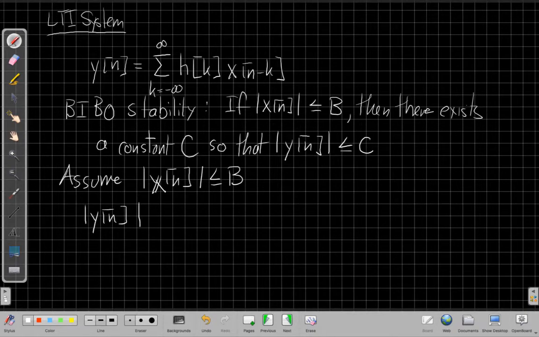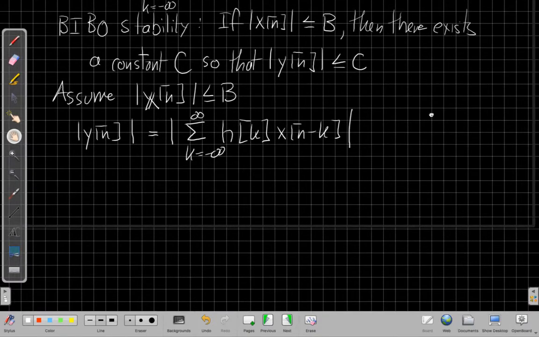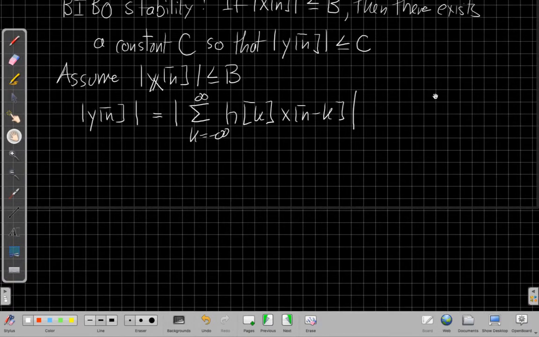Now let's say the magnitude of y of n. I can just take the magnitude of each side. On the left-hand side, I have y of n. On the right, I have the convolution sum. So I write out the convolution sum and take the magnitude. And now I just start to get good use out of all the properties and inequalities about magnitudes I know.